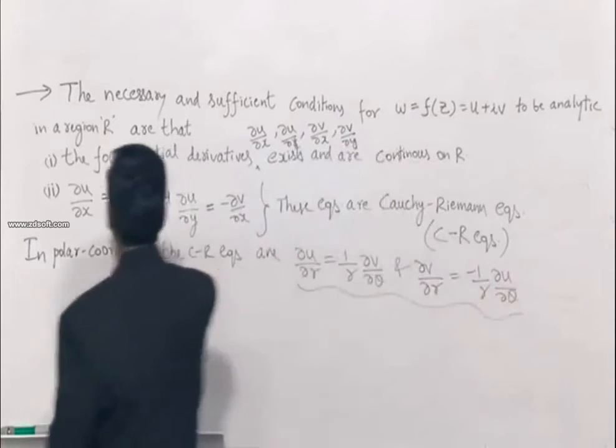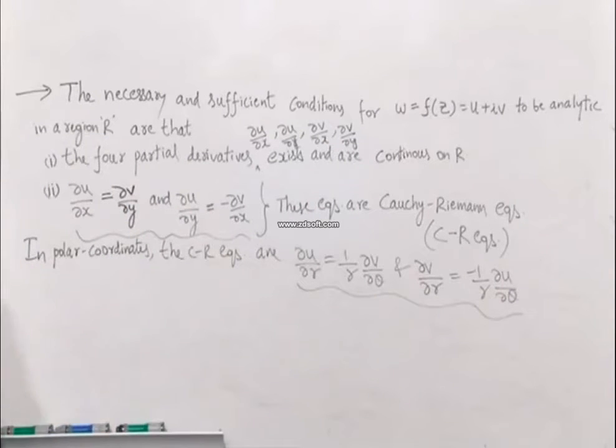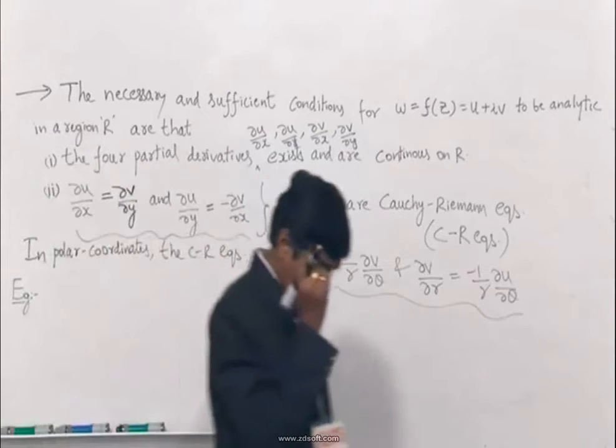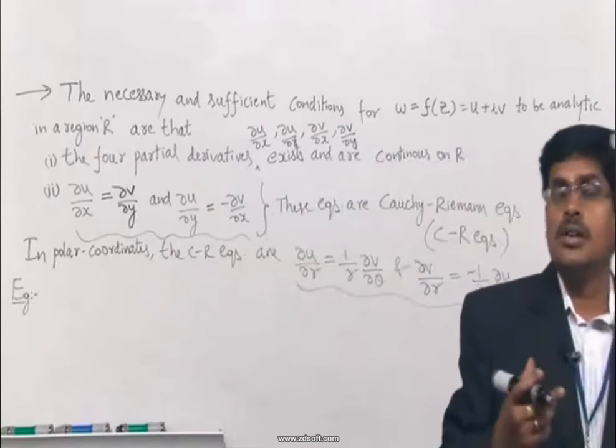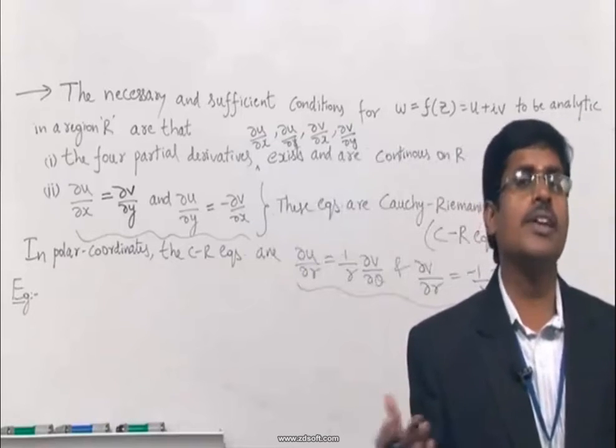Learn these two by heart, and the conditions in the two CR equation systems. See one example. After that I will give the method to find f of z whenever u or v is given, how to find the other.